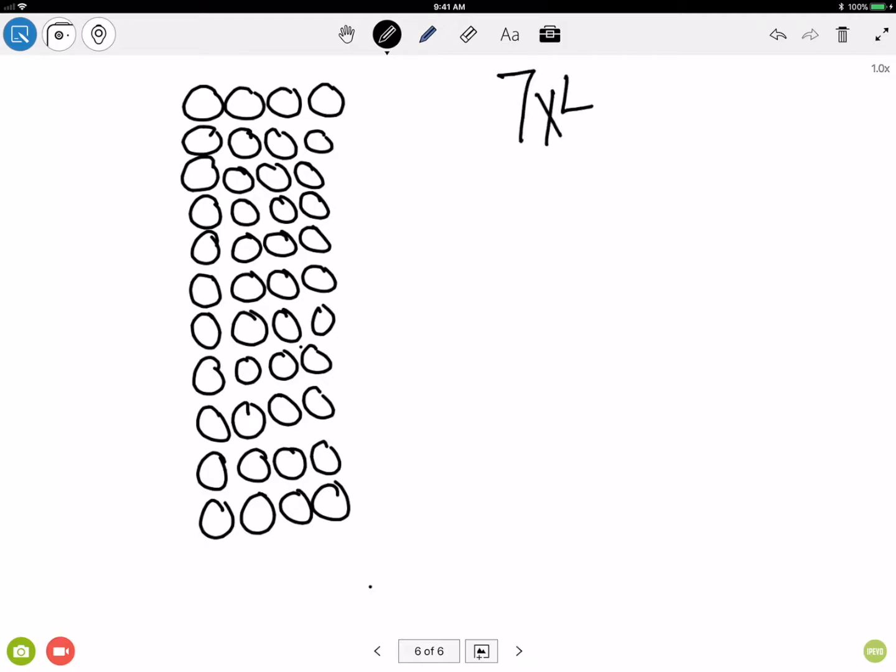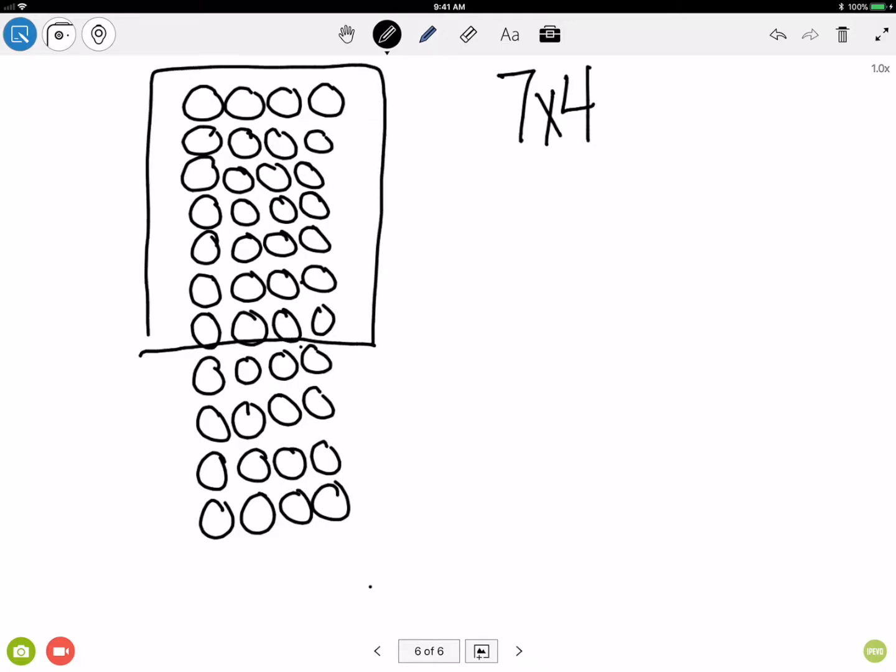Let's try 7 times 4. So total 1, 2, 3, 4, 5, 6, 7 rows. So we're talking about this chunk right here. 7 times 4 isn't a fact that we know very easy, but we do know 2 times 4, and we could do 5 times 4.